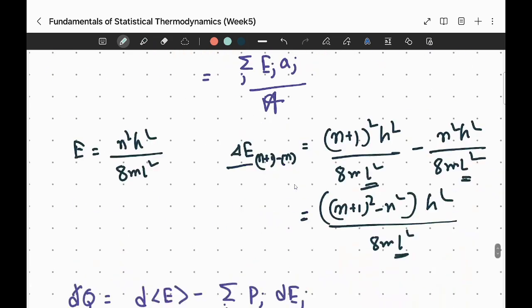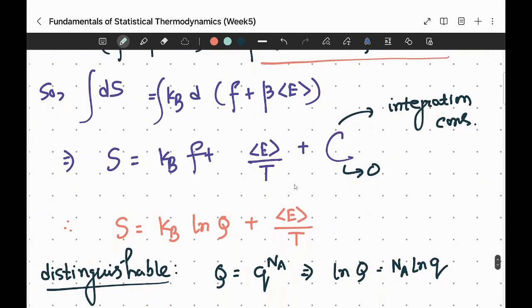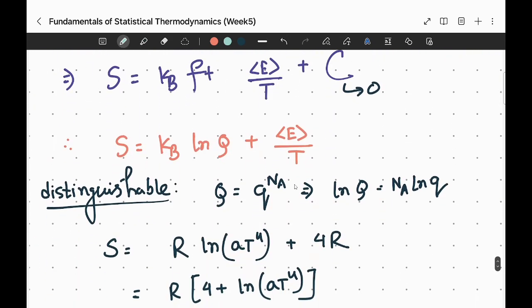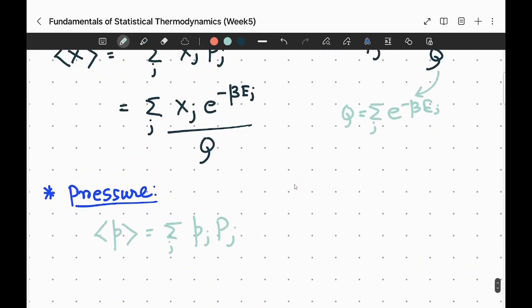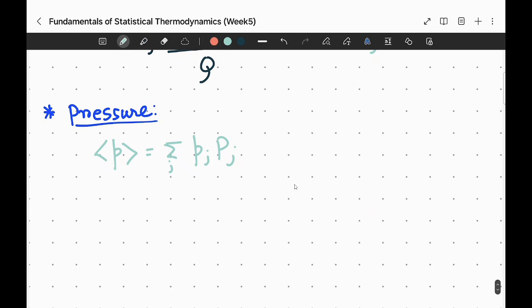So if this is the form of E average, then what will be the P_j? Will P_j be A_j by A or N_j by N? No, it's not that easy. You have to calculate the expression for the pressure P_j, then you can do it.